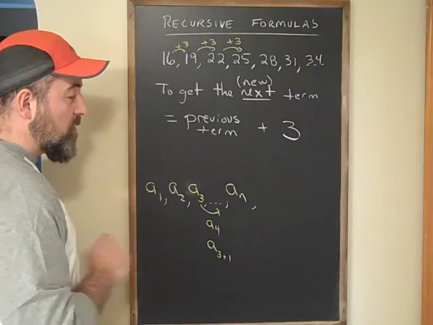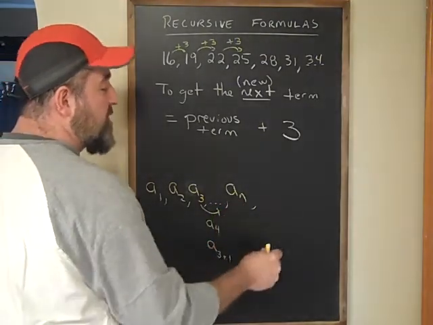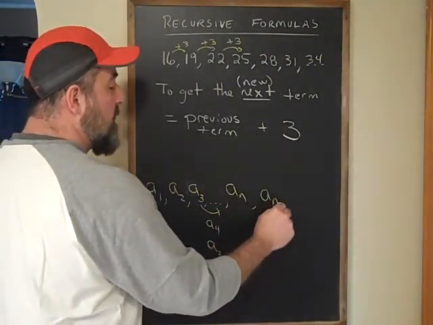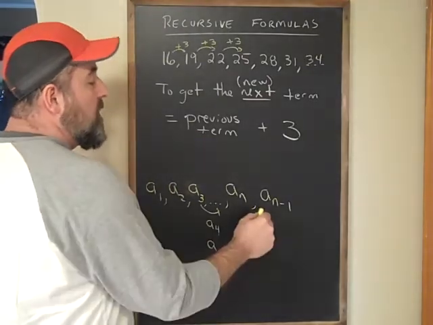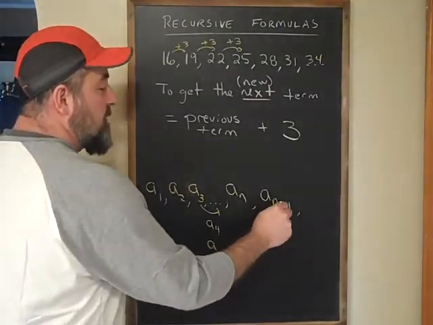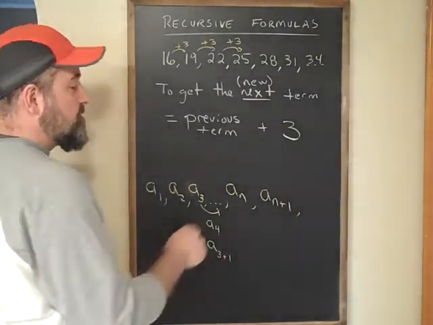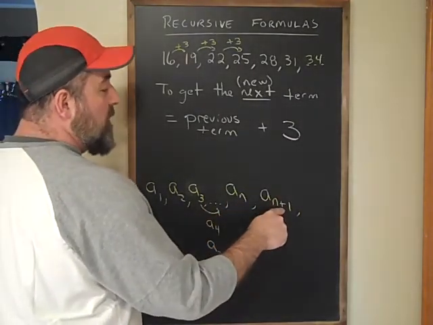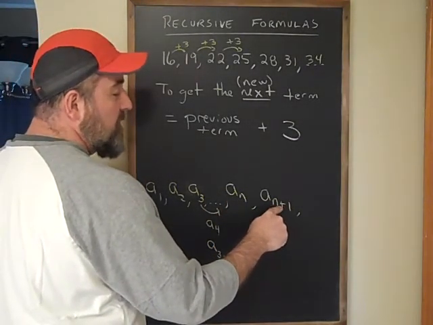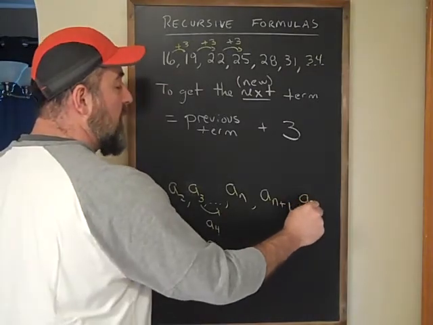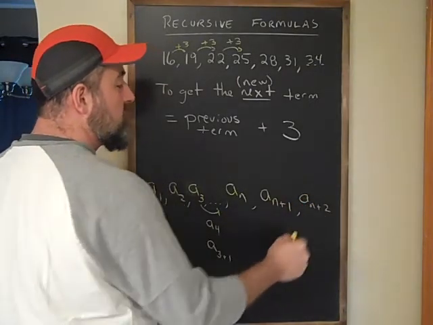That's how I'm going to get my 4. So if I wanted the term after a sub n, I would say it's a sub n plus 1, because I'm going to add 1 to it. If I want the term after that one, I need to add another 1 to this n plus 1. So I would have a sub n plus 2, and etc.